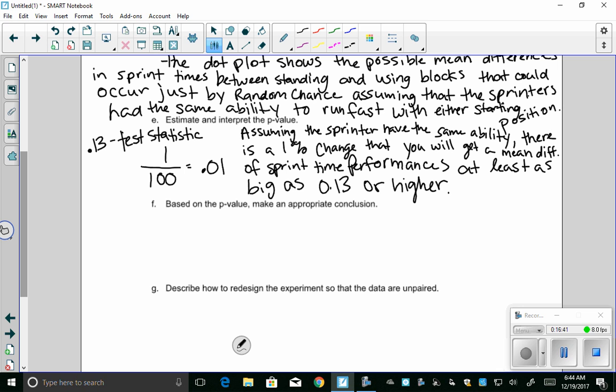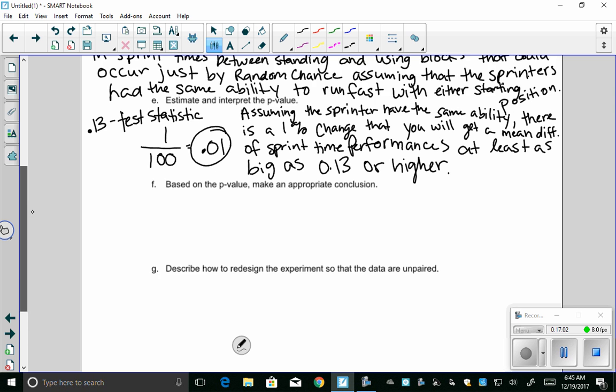That's what the interpretation means. Tell me what this number here means. That number means that assuming that the sprinters have the same ability, there is a 1% chance that you will get a mean difference of sprint time performances of at least as big as 0.13 or higher.